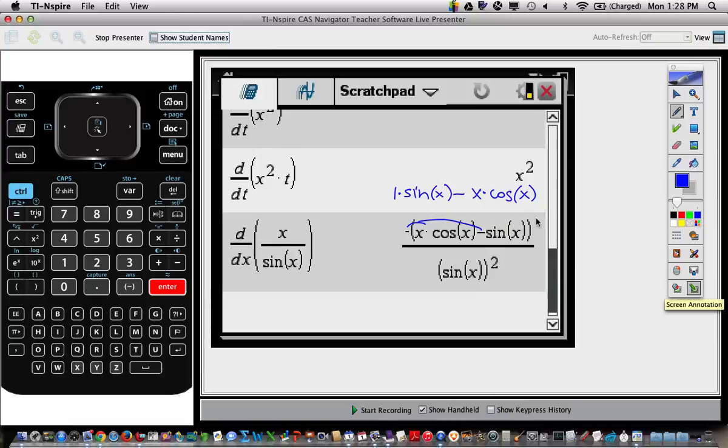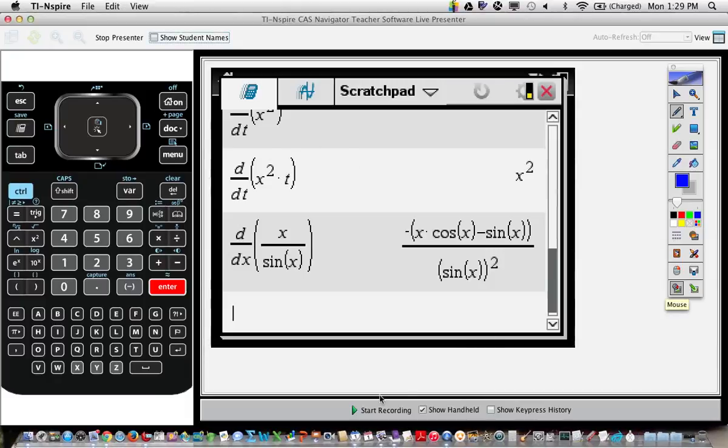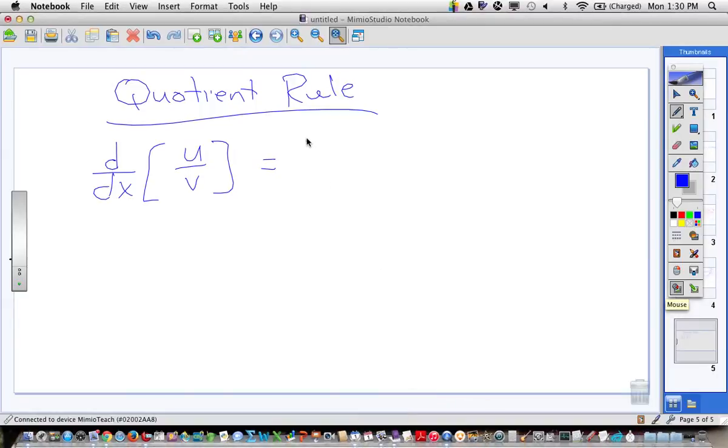And instead of the first thing and the second thing, like it was a product, it's the top thing and the bottom. And then what's on the bottom? The bottom squared. So our rule is u prime v minus u v prime over v squared. That is the quotient rule.